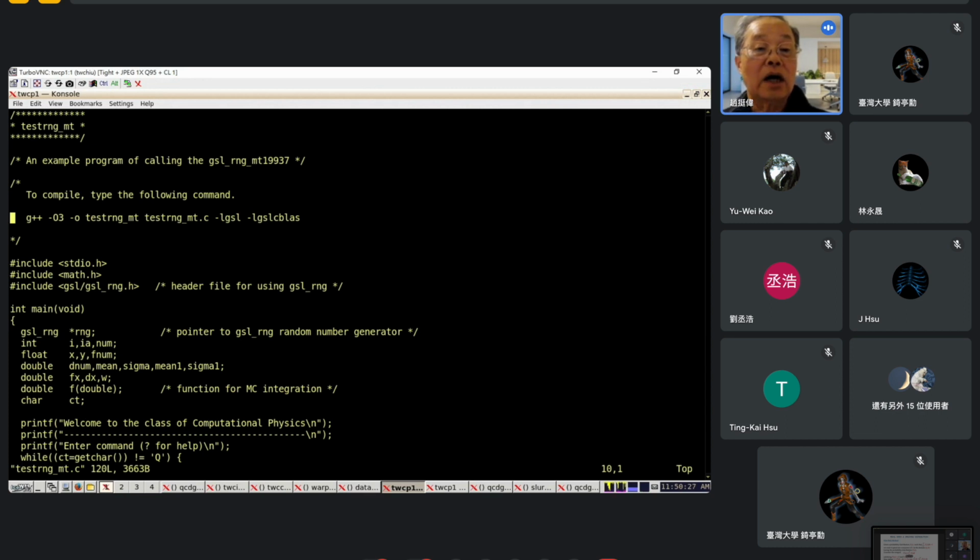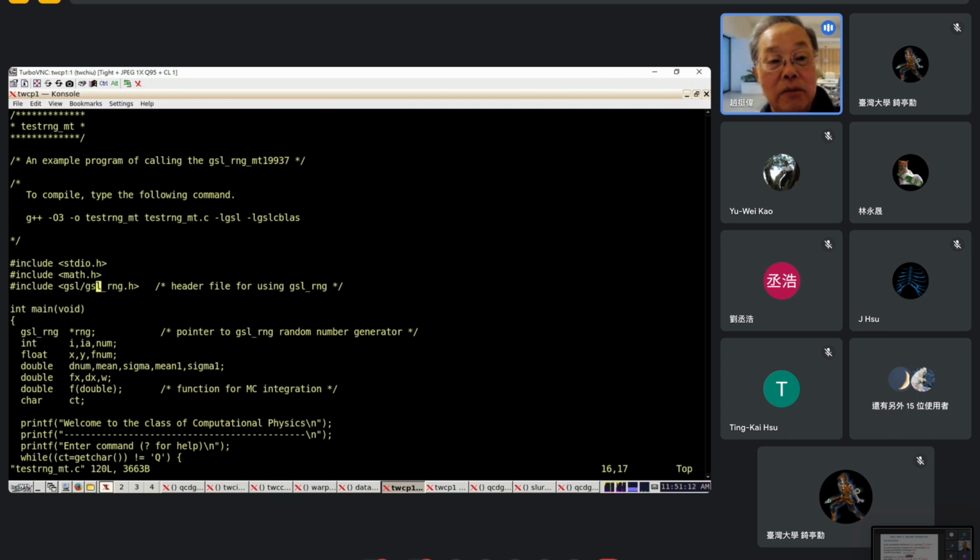But since I have used the Mersenne Twister, you have to have the GSL library installed, and also GSL BLAS, the basic linear algebra subroutines. If you want this code compiled in your system, otherwise you can use rand, the intrinsic random number generator subroutine of the library.